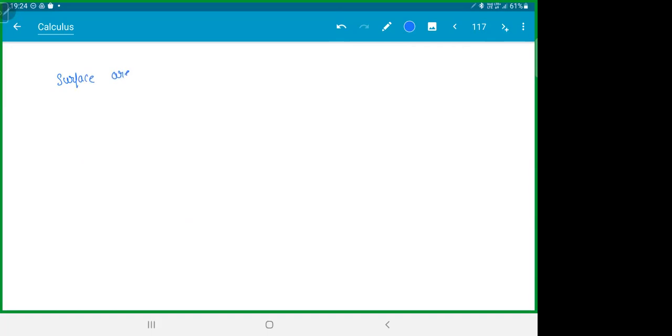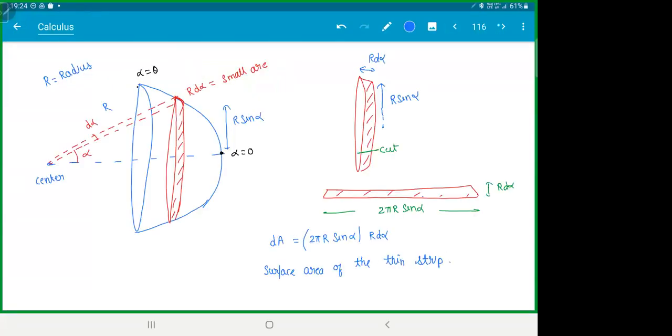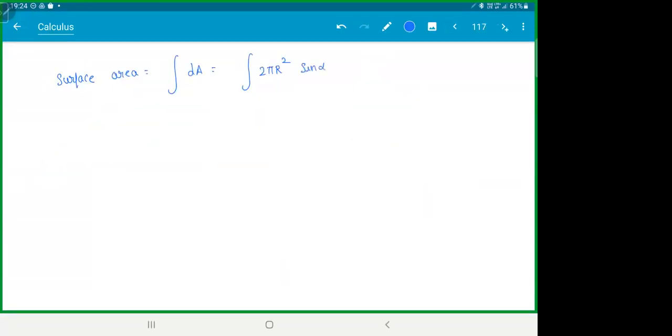So the surface area will be integral dA, which is integral 2 pi r square sine alpha d alpha from 0 to theta. 2 pi r square is constant. Integral sine alpha d alpha from 0 to theta. The integration of sine alpha is minus cos alpha.